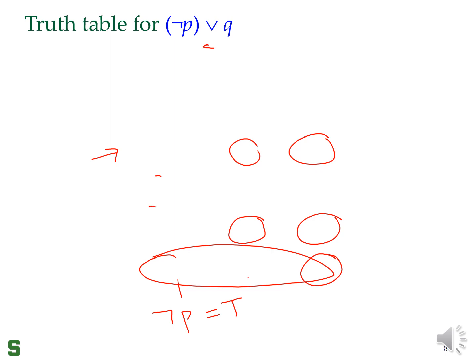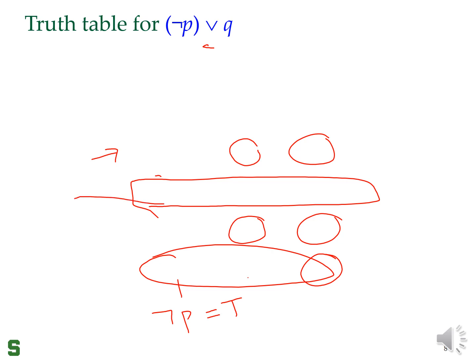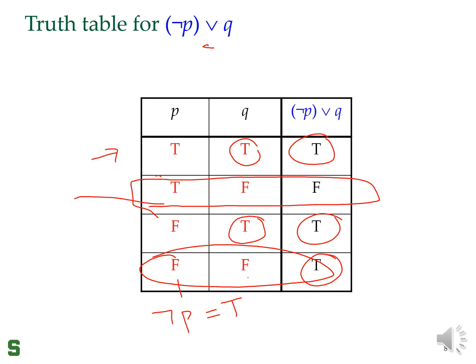Finally, what is left is this second row. Here P is true, so then that means not P is false. Q is also false, and that means that not P or Q is going to be false.